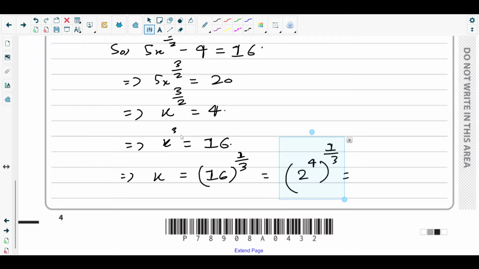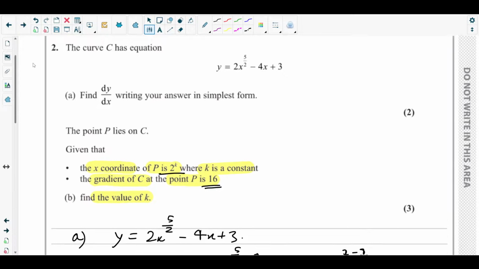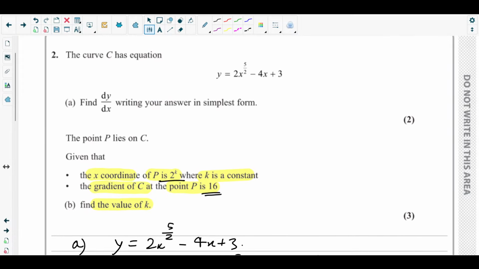So 4 is inside the bracket, and the 1 over 3 is outside of the bracket. These two will get multiplied, which gives us 2 to the power 4 over 3, exactly in the form 2 to the power k. So the value of k here is 4 over 3, and that's the answer for question number 2. That's it.